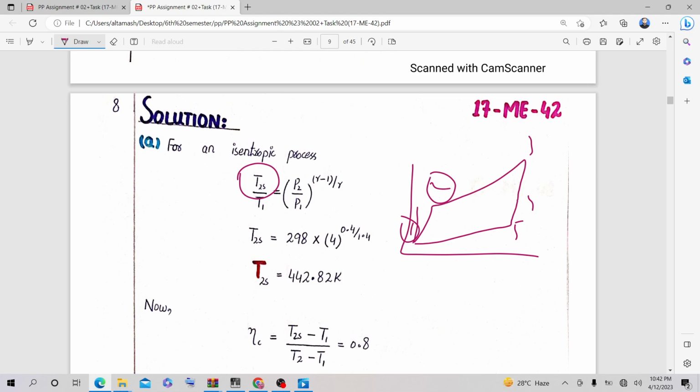Then the process is simple. It is actually T2s by T1 equal to P2 by P1 to the power gamma minus 1 over gamma. I have already covered it in video number 1, I mean the problem number 1. So T2s can be easily obtained from this relation.